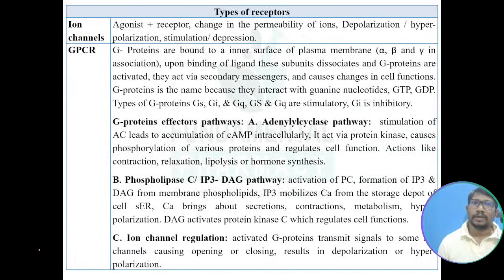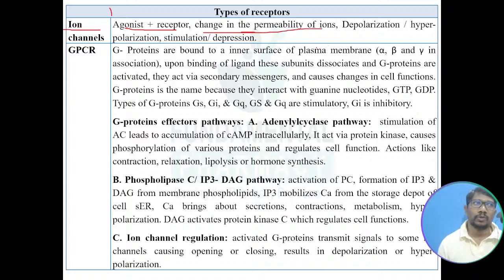And types of receptor, first one is the ion channel receptor, or inotropic receptor. Agonist or a drug which stimulates the receptor. Okay, agonist plus receptor, so combination of an agonist with the ion channel receptor leads to change in the permeability of ions.